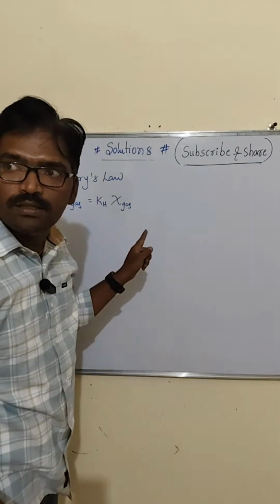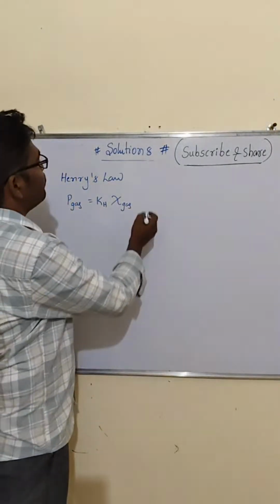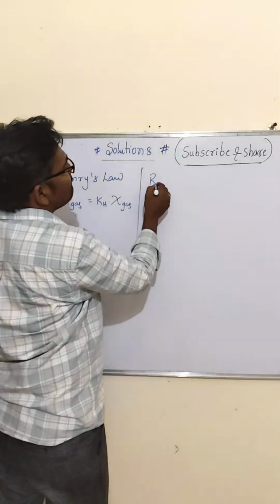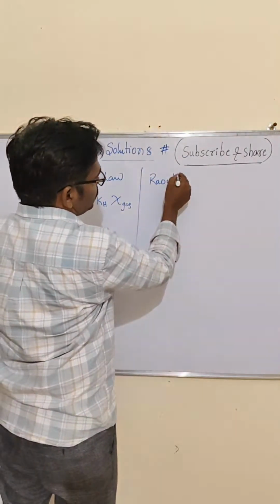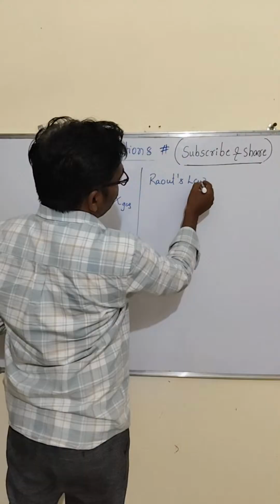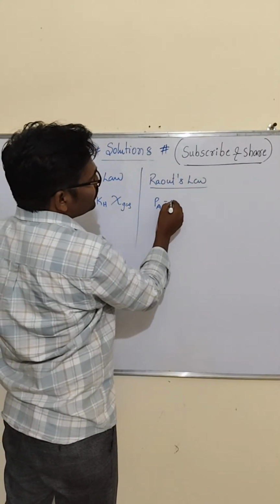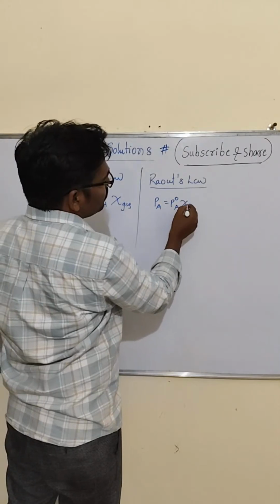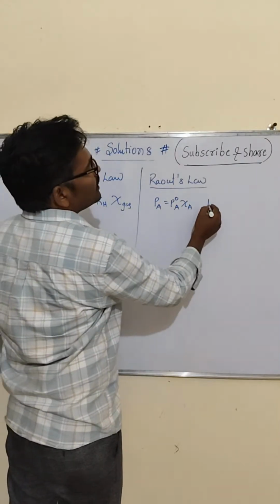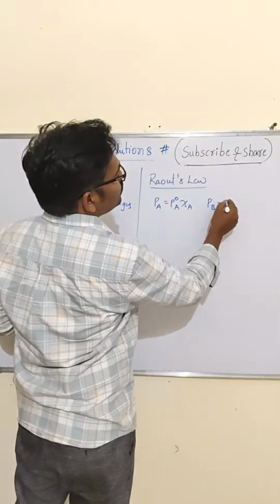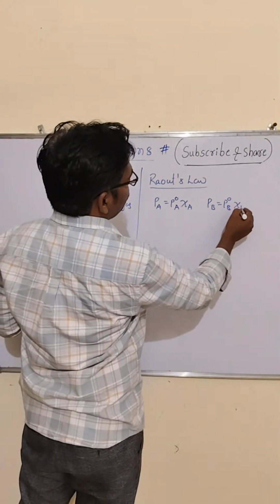This is the formula we are discussing, right? Next, based on Raoult's law, PA equals P naught A into mole fraction of A. Then PB equals P naught B into mole fraction of B.